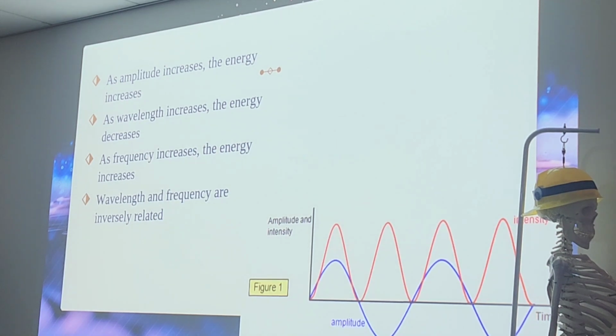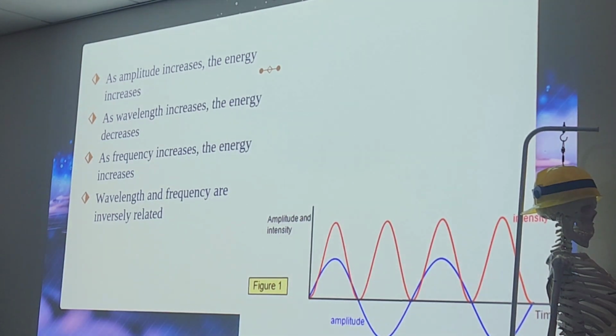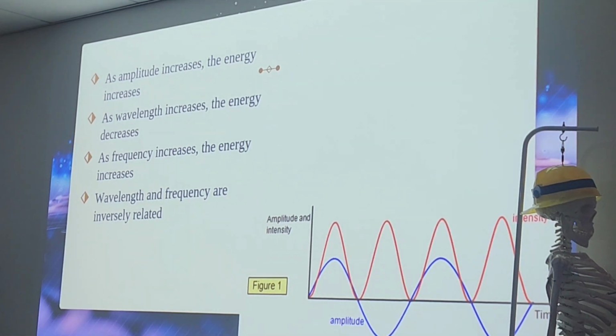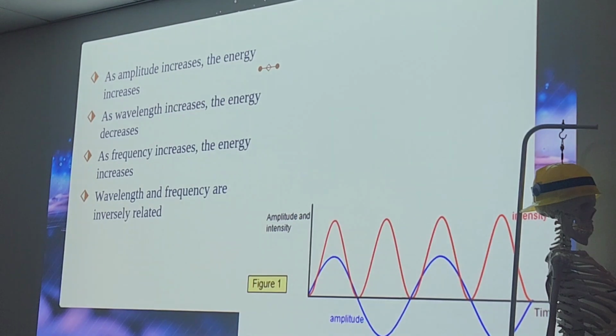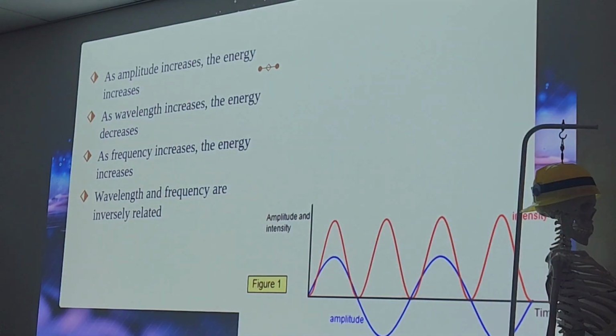So I have a question for you. When we compare infrared light and gamma rays, which one has the shorter wavelength? Gamma rays have shorter wavelength. Does infrared have higher or lesser energy than gamma rays?